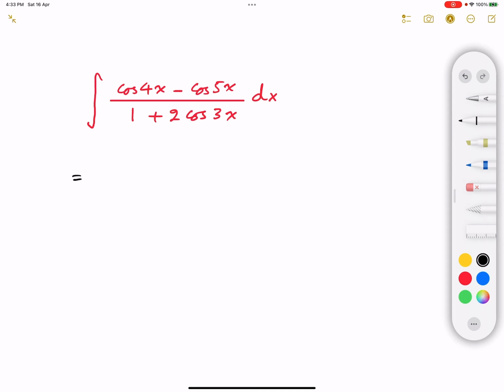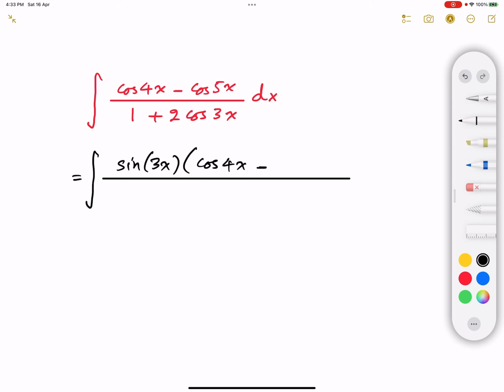This is going to be equal to sine 3x multiplied by the same exact numerator, cosine 4x minus cosine 5x, divided by sine 3x plus, now when we multiply the second term with sine 3x, it becomes 2 sine 3x cosine 3x, which can be rewritten as sine 6x. Okay, and then dx here.